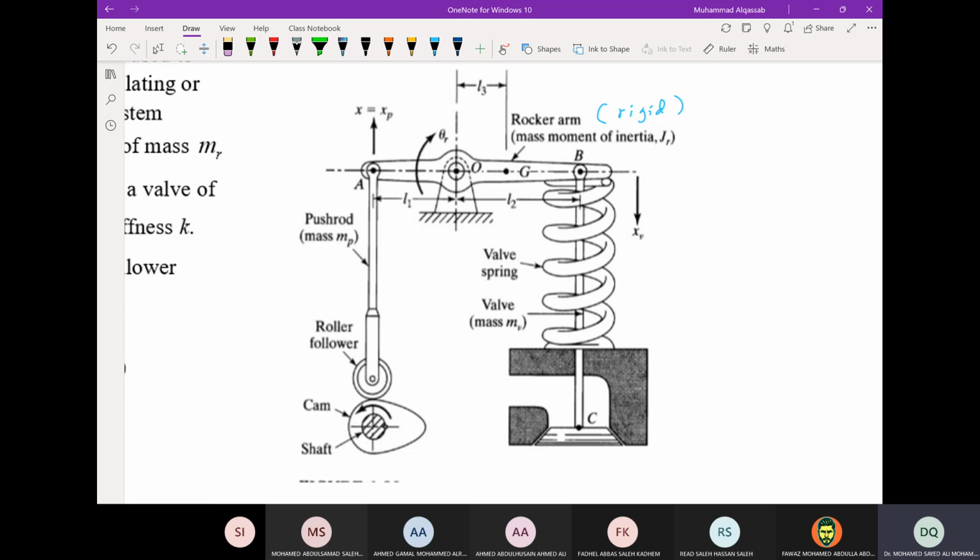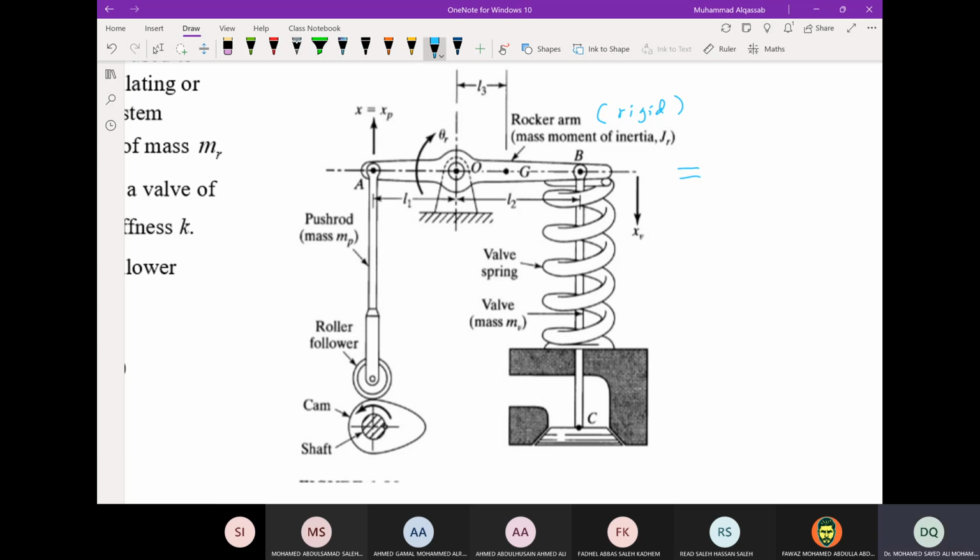The rocker arm is also rigid, and the motions of point A and point B are related, which is XA and XB. Here, XA is called X, and it is equal to XP, which means the motion of the push rod, and point B is called XV, which means the motion of the valve.